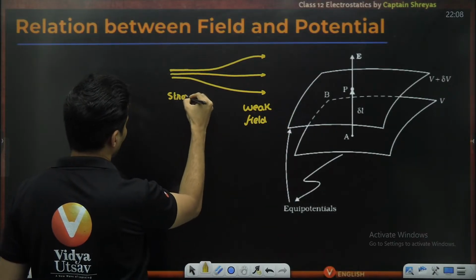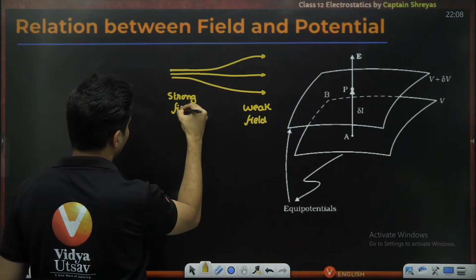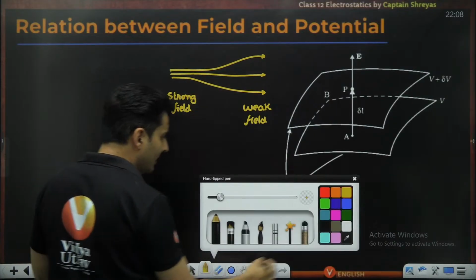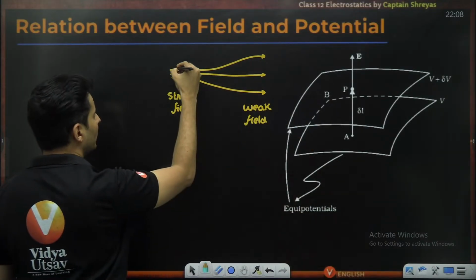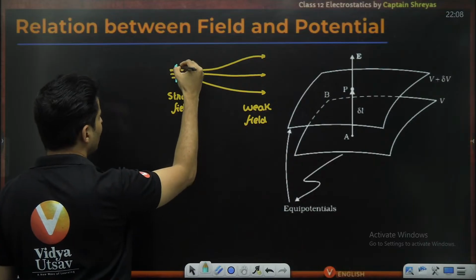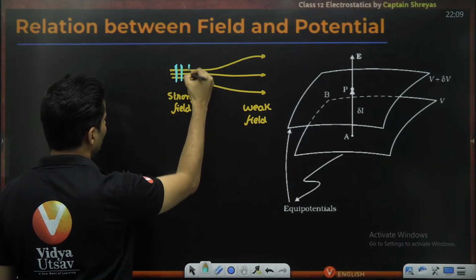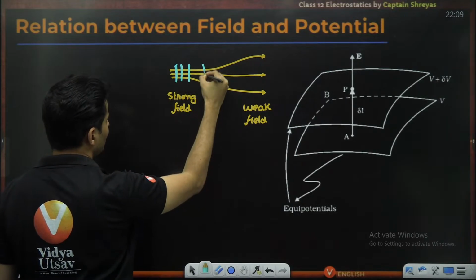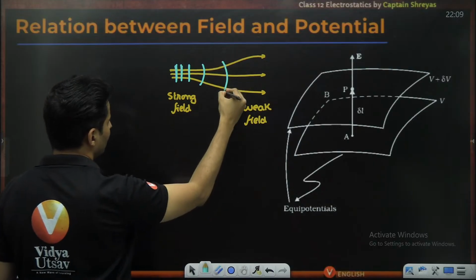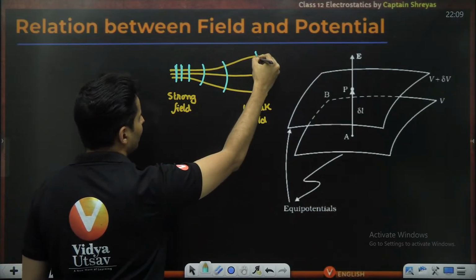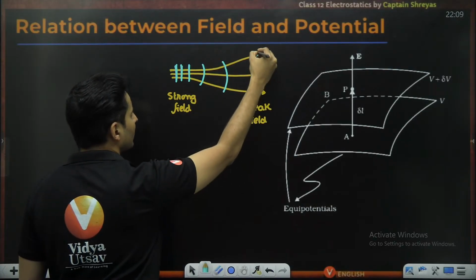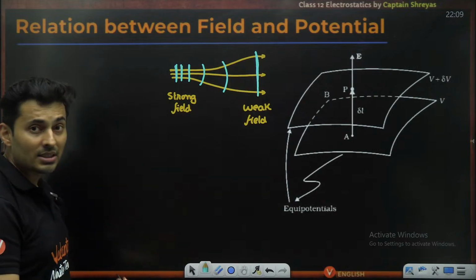versus a strong field. Wherever the field is strong, you will notice that the equipotential lines are very close to each other, and as you go far away, where the field is weak, the spacing between them increases.